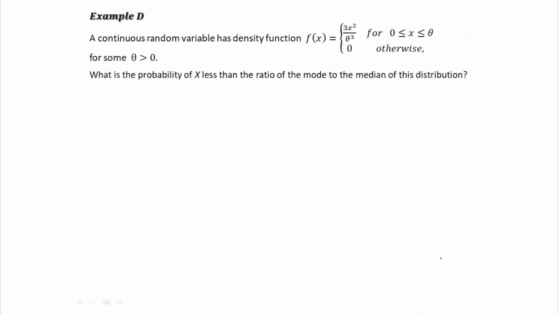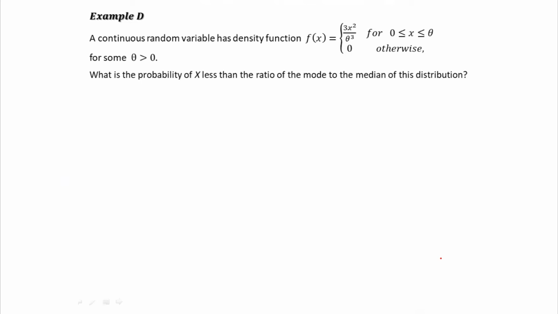So here, let's proceed to our next example. A continuous random variable has density function f of x equal to 3x squared divided by theta cubed for the random variable x between 0 and theta.